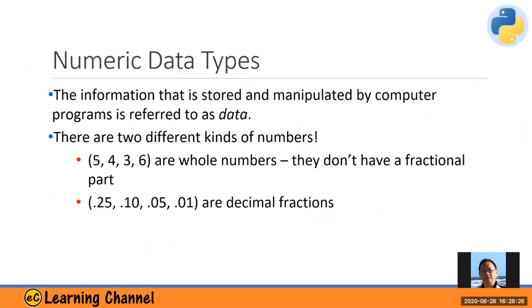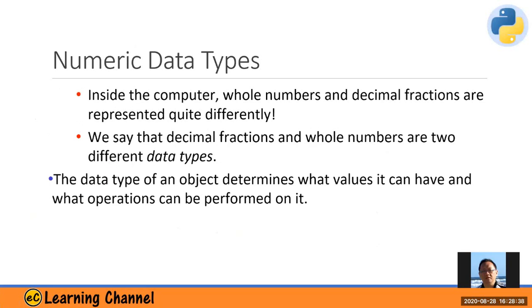So here we have numerical data types. They are integers, which are whole numbers, and decimal fractions, like 0.25, 0.10, 0.05, 0.1. They are decimal fraction numbers. In a computer, whole numbers and decimal fractions are represented quite differently. So we need to determine what type of data it is. When we use input to enter a number, it gives you a string.